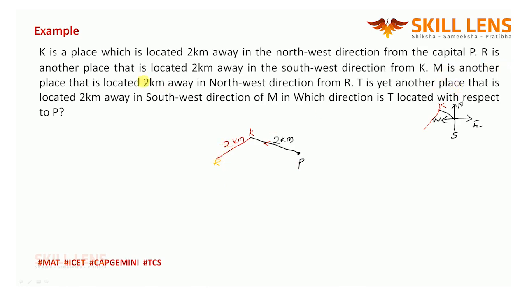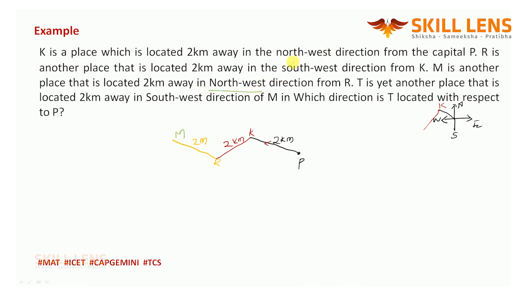Now what happened? M is another point 2 kilometers away to the northwest. So this is also northwest. It's like a hill. Again 2 kilometers, so this is point M. From this point again 2 kilometers to the northwest.